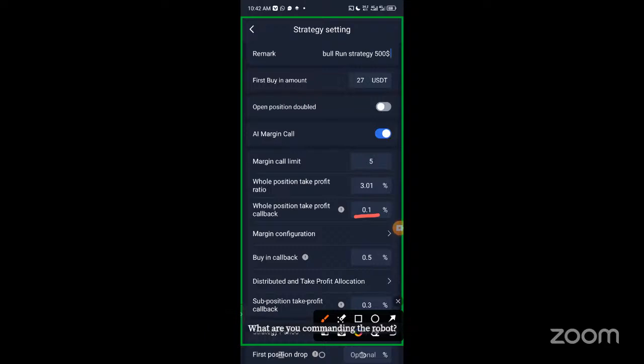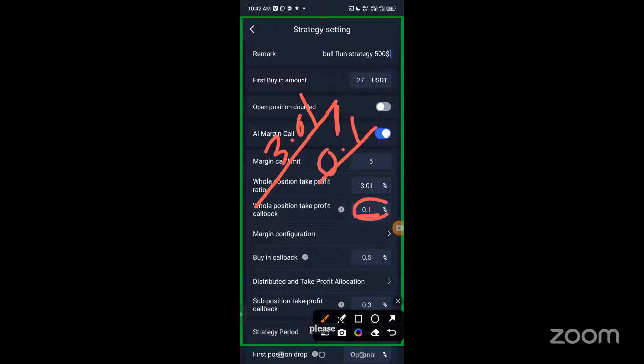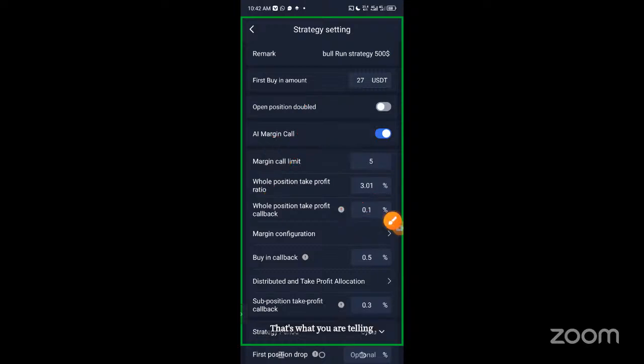You are telling the robot that when the market rises by 3.01 and it comes back a little bit down by 0.1, please sell. This is what we call a whole position take a profit callback. That's what you are telling the robot.